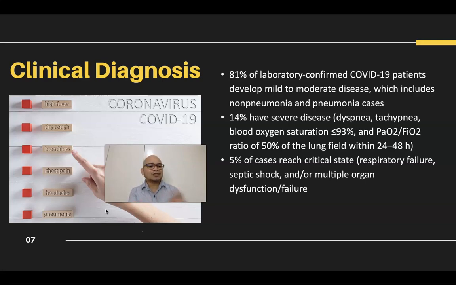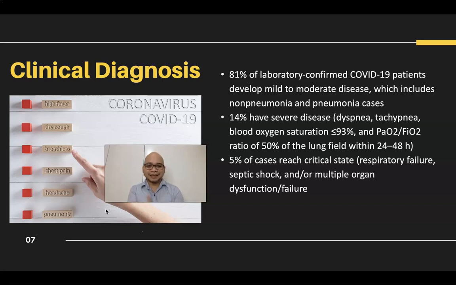You need at least to be stable at about 98%. And then the PaO2 and FiO2 ratio, or lung infiltrates of more than 50% of the lung within 24 to 48 hours. So this is kind of severe because your lungs may be in distress in this particular situation. And then 5% of cases reach a critical state.